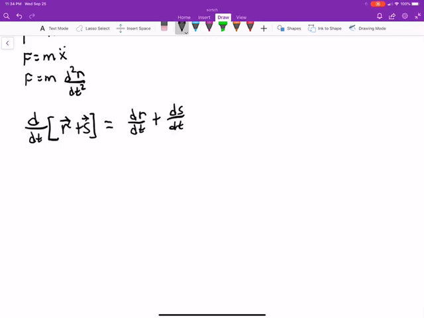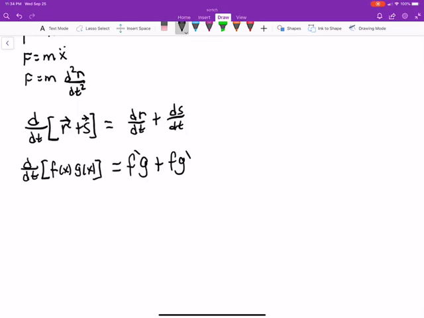Let's say you want to take the derivative with respect to time of f of x times g of x. That's f prime g plus f g prime. So a product rule reminder.